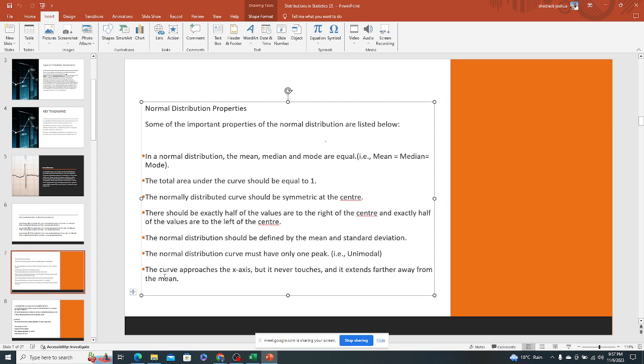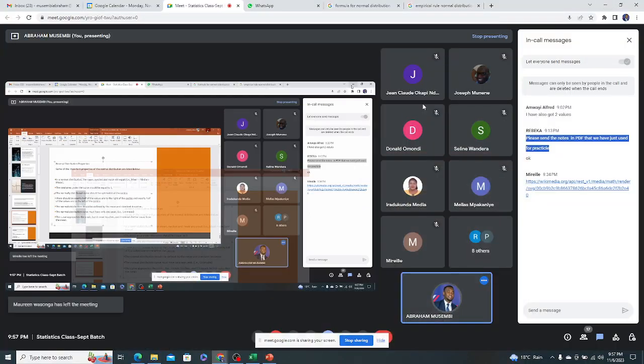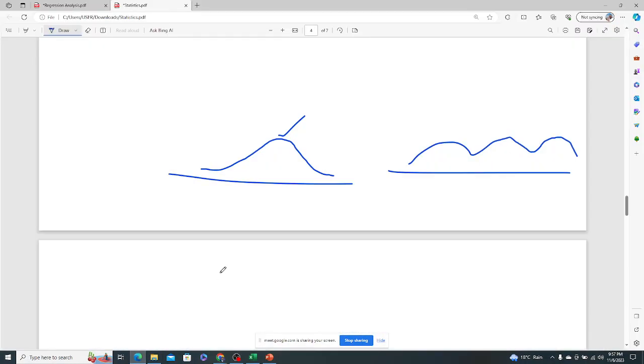The curve approaches the x-axis but never touches it, and it extends further away from the mean. In this case, you can see the tails do not touch the x-axis.